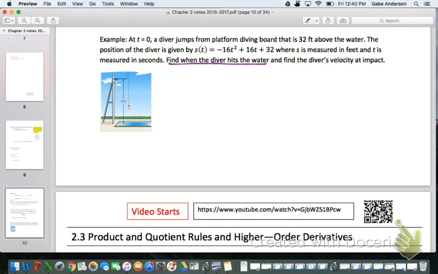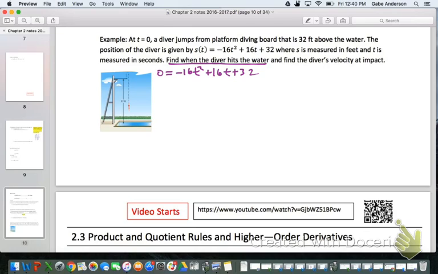So we would just write something along the lines of 0 equals negative 16t squared plus 16t plus 32, and solve that. What would you guys do if you did not have a calculator? Factor. What would you factor? I think a 16 would be a good thing to factor out, or really, since it's an equation, you could just divide. But let's be a little more specific.